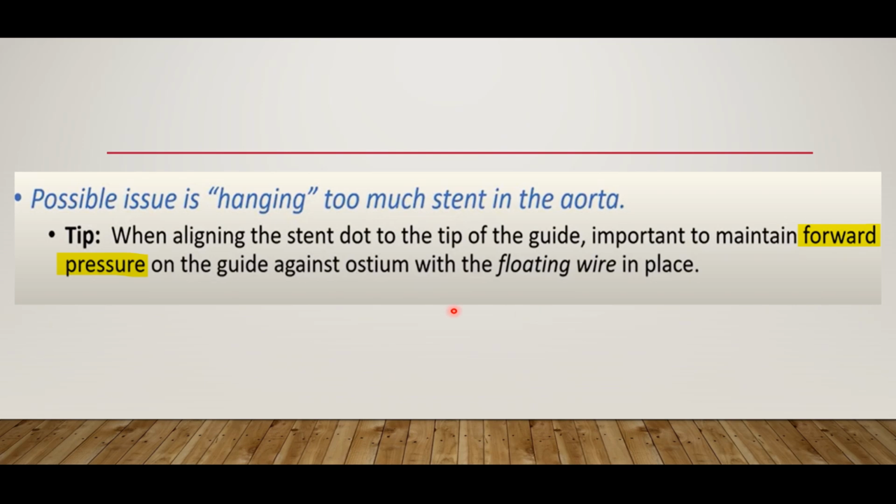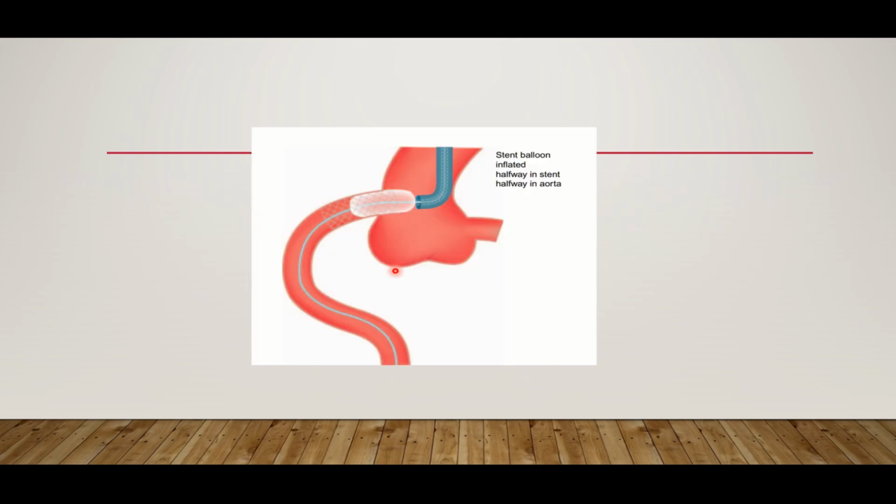So now you are close to the ostium and you can position your stent just 1 to 2 millimeters into the aorta, and now you avoid hanging too much. Don't forget the ostial flare: the stent balloon inflated halfway in the stent and halfway in the aorta.